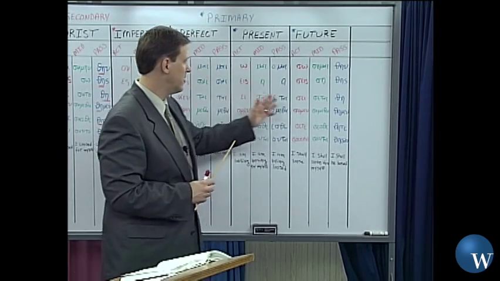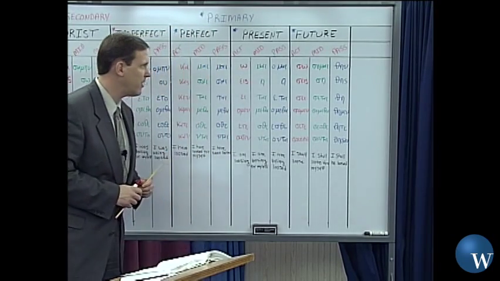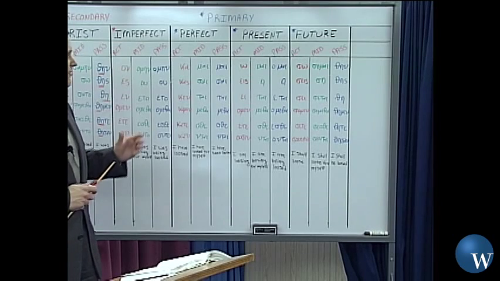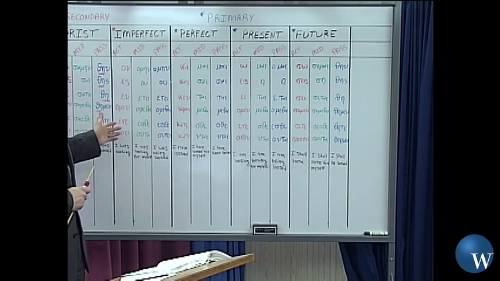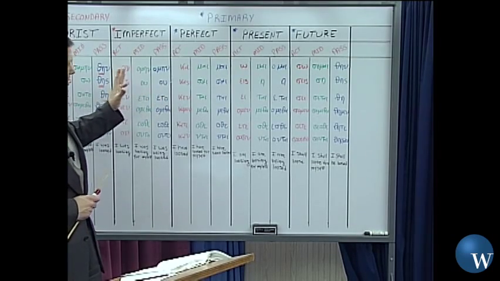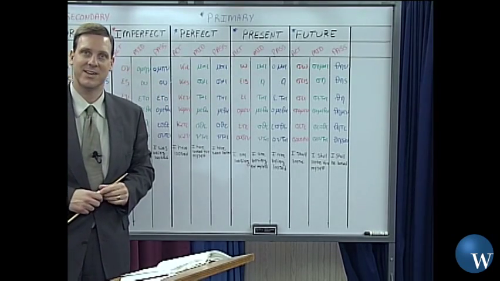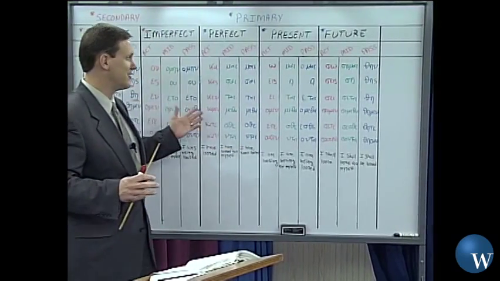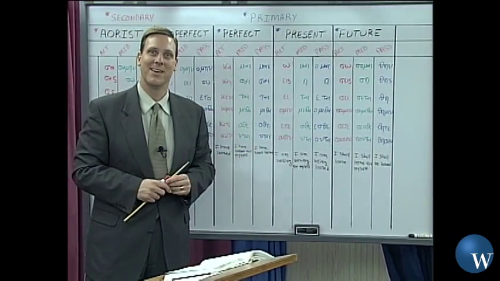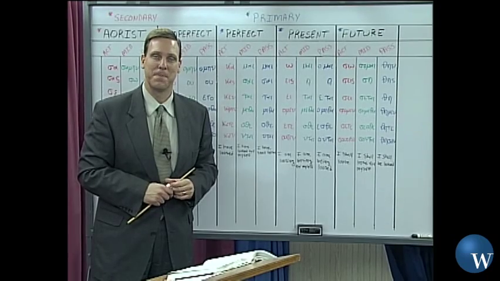So look at what you've learned so far. Look how far you've come. There are a number of things here that you have been working with, and it feels good to be able to look at that and say, you know, I understand a lot of that. It's not just a bunch of Greek letters. It's not just all Greek to you anymore. It's understandable Greek, isn't it?